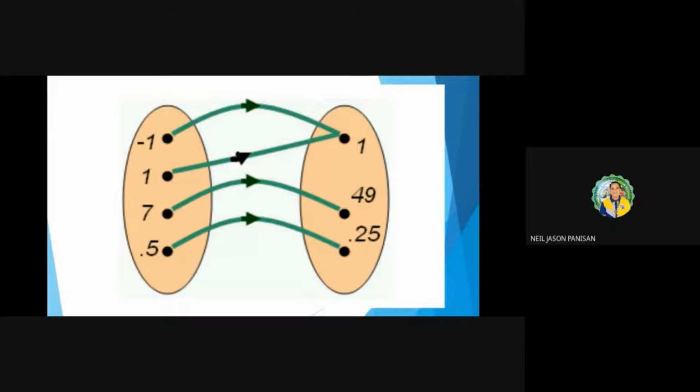So for example, we have the x value which is the -1. Then pag abot sa range which is the y value, it has only one value in y which is +1. Then if we have +1 in the x value, then pag abot sa y, still +1. And if we have +7, the y value is 49.